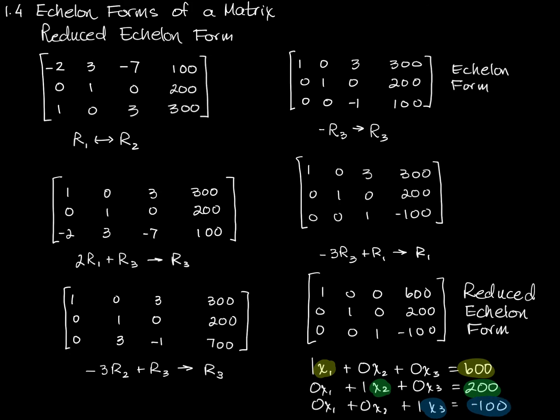So if the matrix is in this form, I can literally pick off the values, x1 equals 600, x2 equals 200, and x3 equals negative 100. And that's really all I need to do once it's in that form. So having it in reduced echelon form is actually really very powerful.